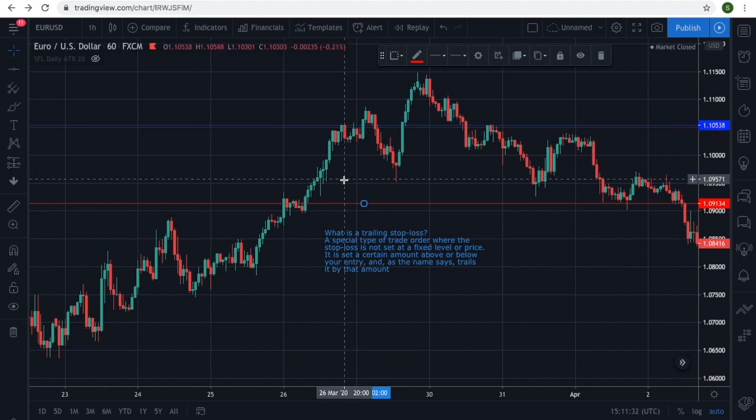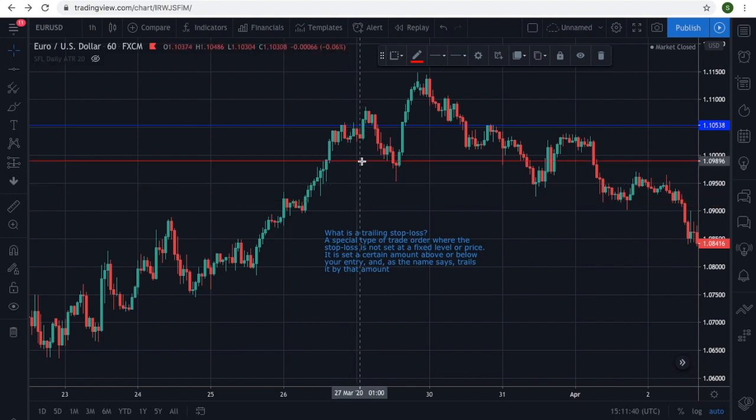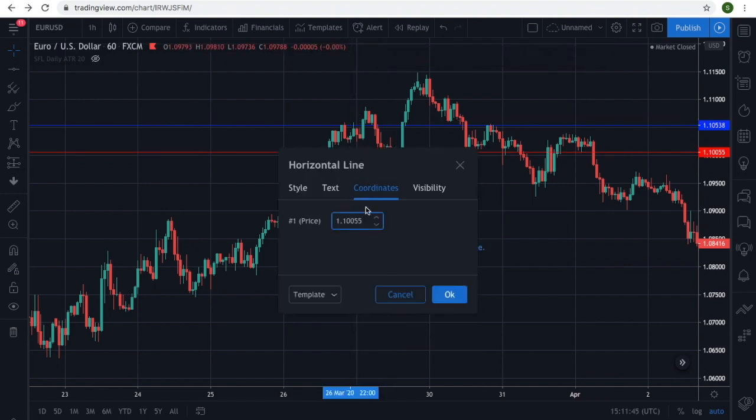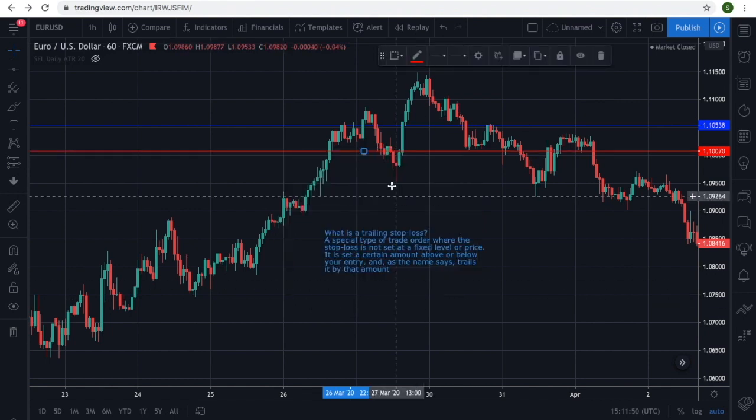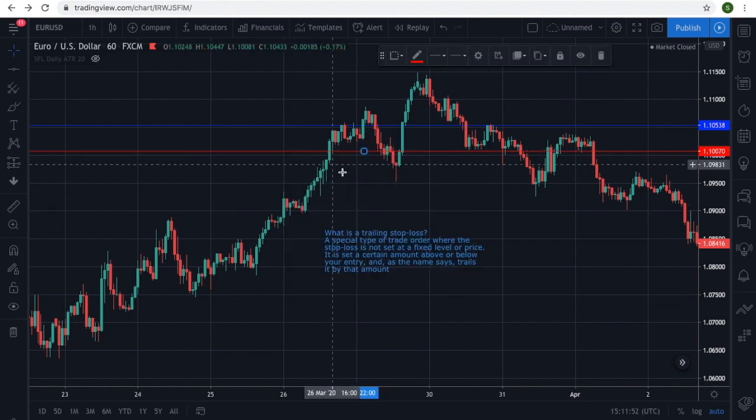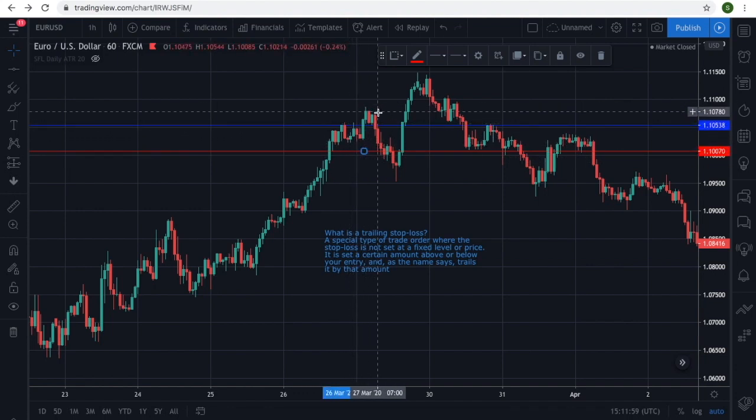So if my maths is correct, it will now be at 110.07. Our stop will move with it and it will now be at 110.07 here, protecting our risk and essentially keeping us in profit when price does eventually go against us, which you can see up here.